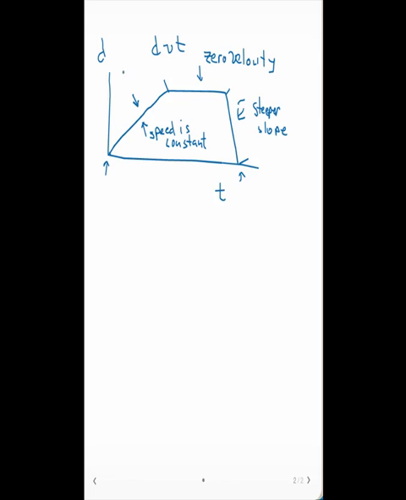Let's label this as region A, B, and C. So region C has a greater speed than region A.